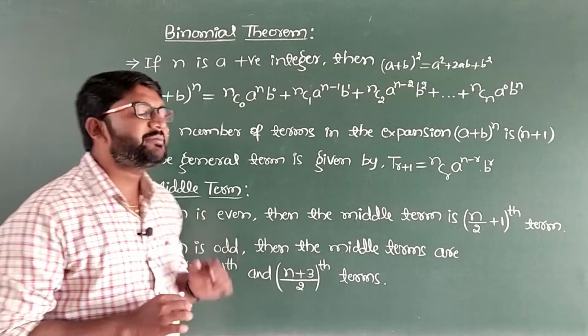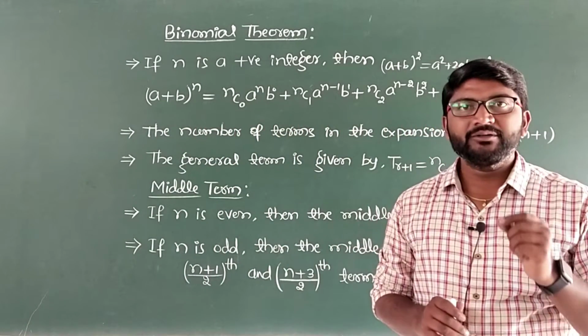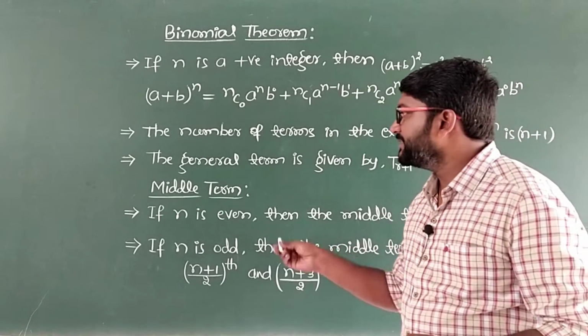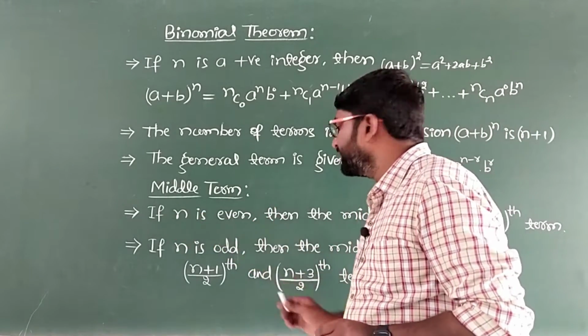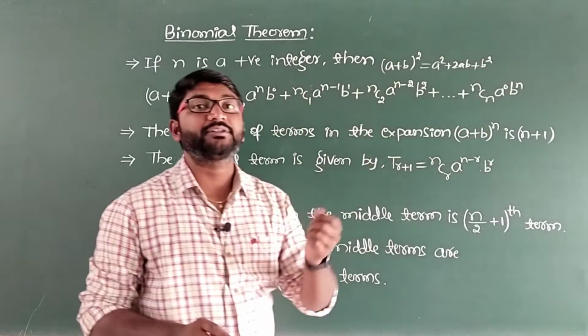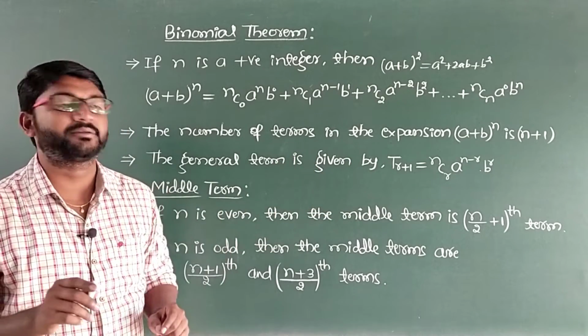And then next we talk about the middle term. For the middle term we have two cases: n is even and n is odd. If n is even, then the middle term is the (n/2 + 1)th term, or the ((n+2)/2)th term.